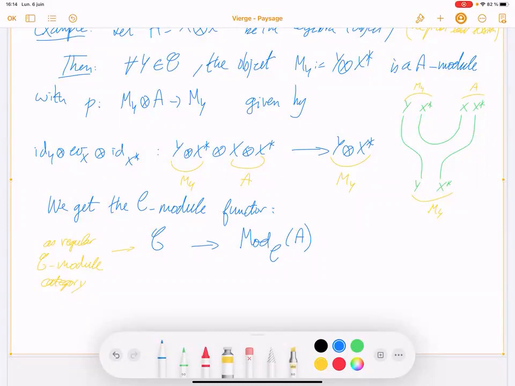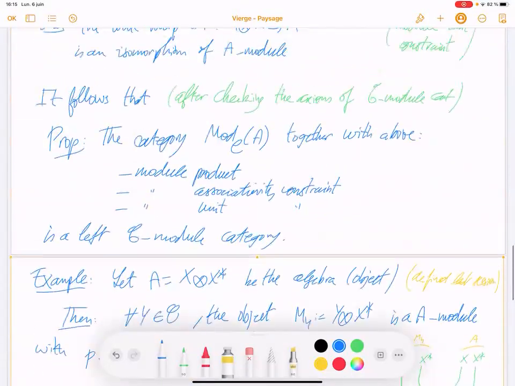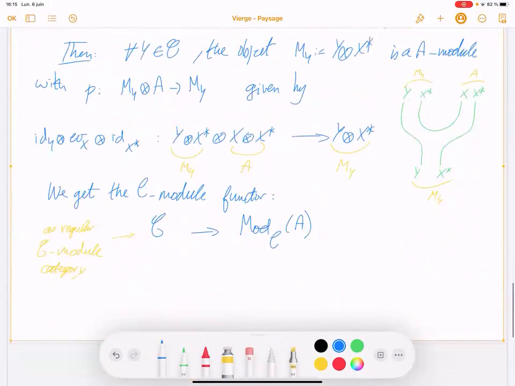So we show that mod CA is also a C module category. So we have the C module functor like that.